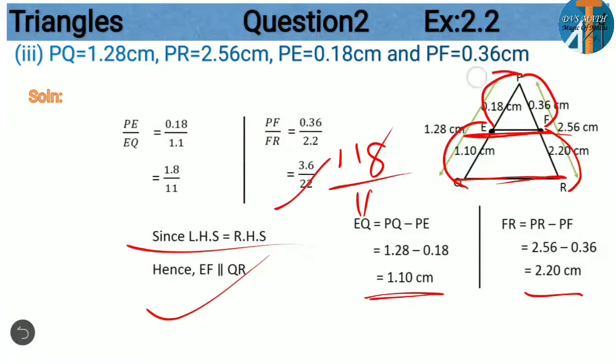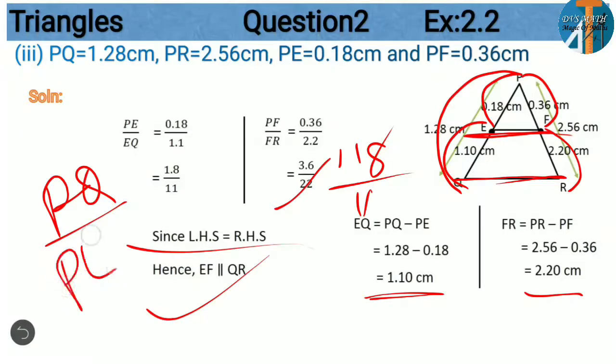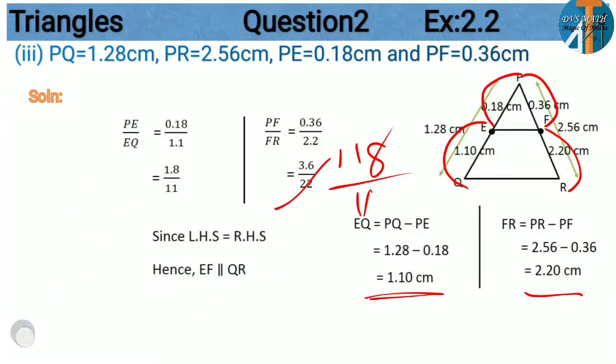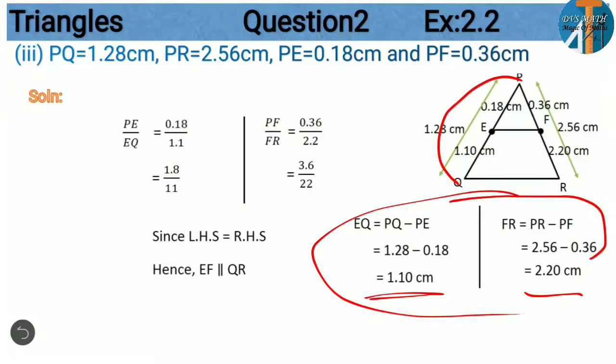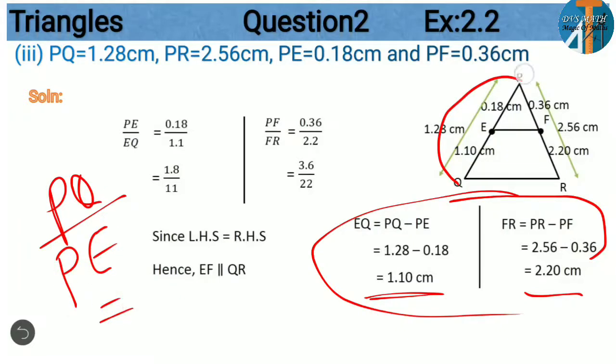What is that corollary? You take the total PQ by the given PE. You can consider the corollary also, PQ, the total, by the given. Without doing the previous step, you can skip it. So PQ by PE is equal to, again here also, PR total by PF. You can substitute it.